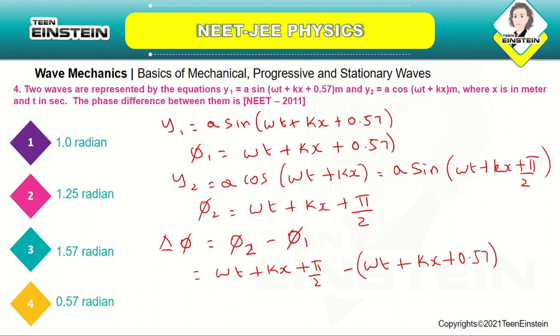So we are writing phi 1 here and phi 2 here. These terms will get cancelled because of the negative sign, so it will become pi by 2 minus 0.57.